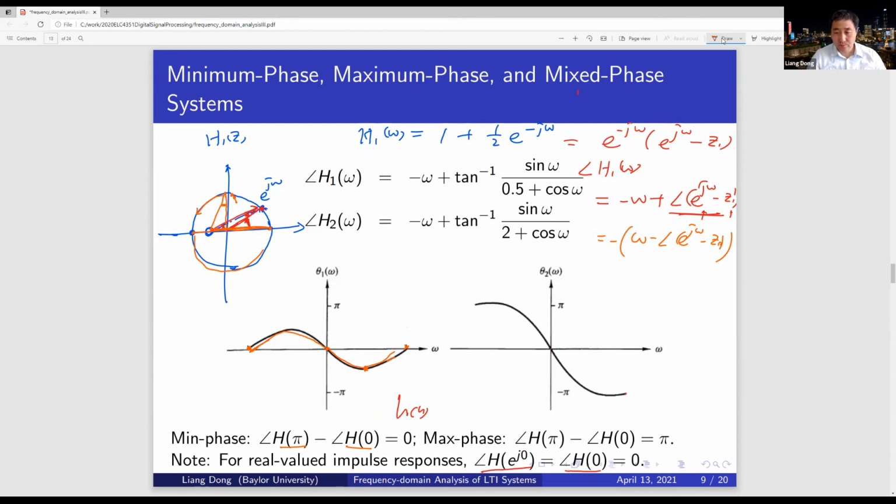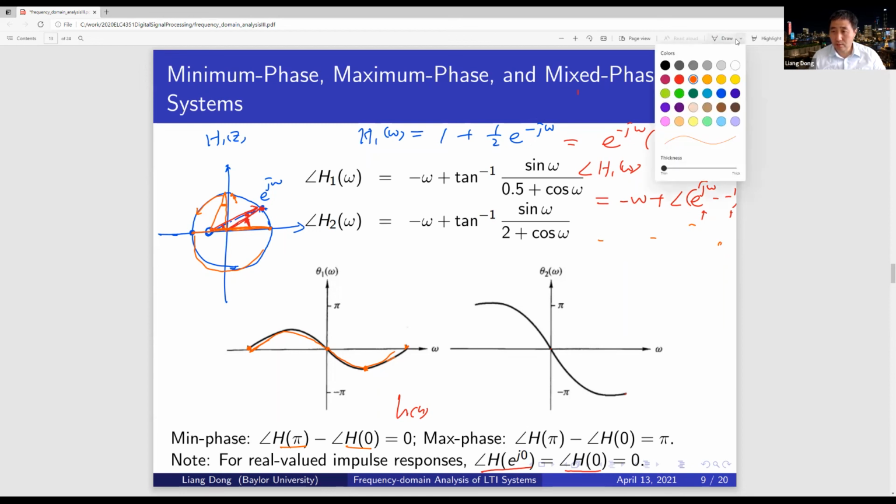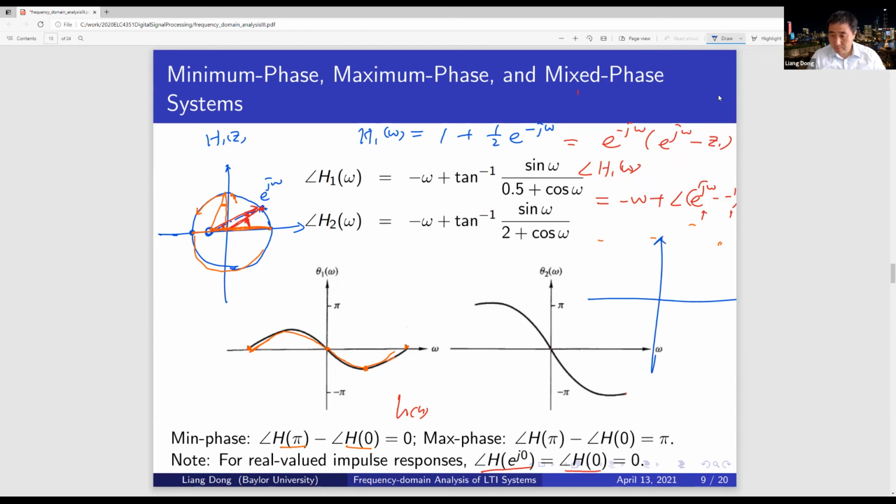Compare that with H2. Let me very quickly work on the second part. For H2, if we are looking at this image here on the Z-plane, we have a zero that is outside the circle. It's here at negative 2.